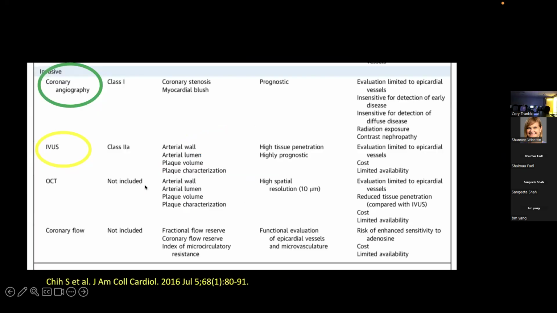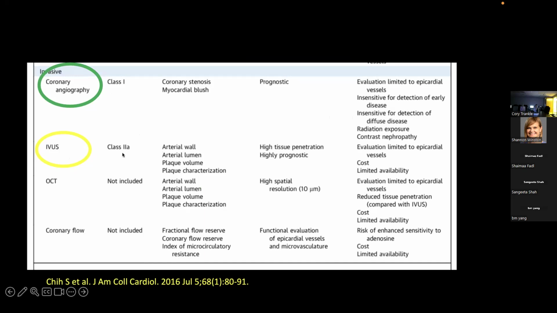The International Society for Heart and Lung Transplantation put some recommendations. Angiography is a class 1 recommendation, but it is limited to the epicardial vessels. Intravascular ultrasound is a very nice evaluation, highly prognostic, with high tissue penetration, and it can see the arterial wall very nicely.